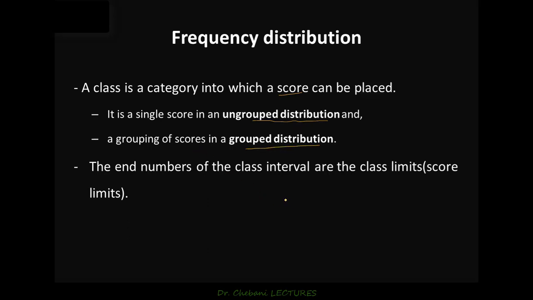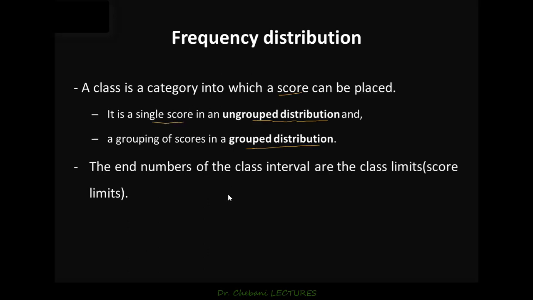So the difference between a grouped and an ungrouped distribution is that when we talk of a grouped distribution, which is what you will most usually come across, we are talking about a situation where you summarize your data points by grouping them into classes, right? The reason we do this is to simplify our analysis. So instead of having single scores, you group them.